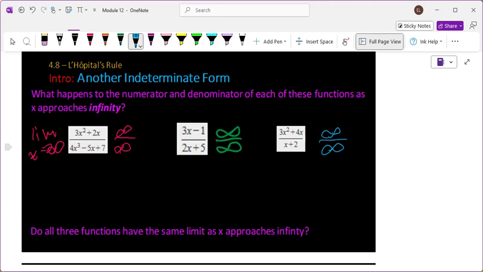And the way we solved these back in chapter 1 is we would multiply by 1 over x to a power on the top and the bottom. So it rewrites the way we're looking at the function, so we can focus on the largest power terms.